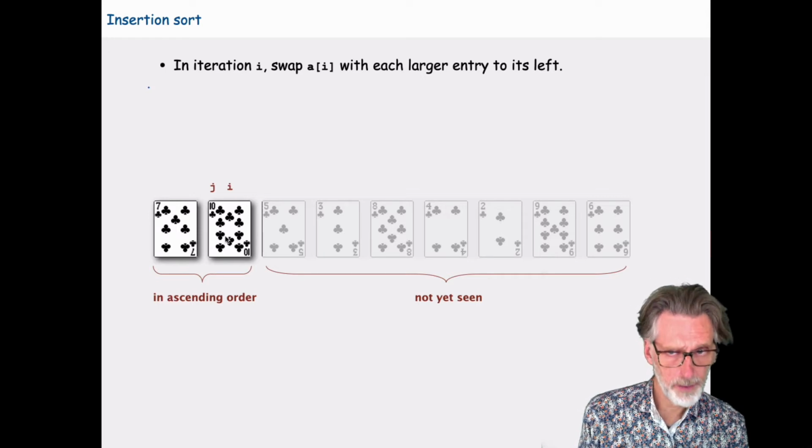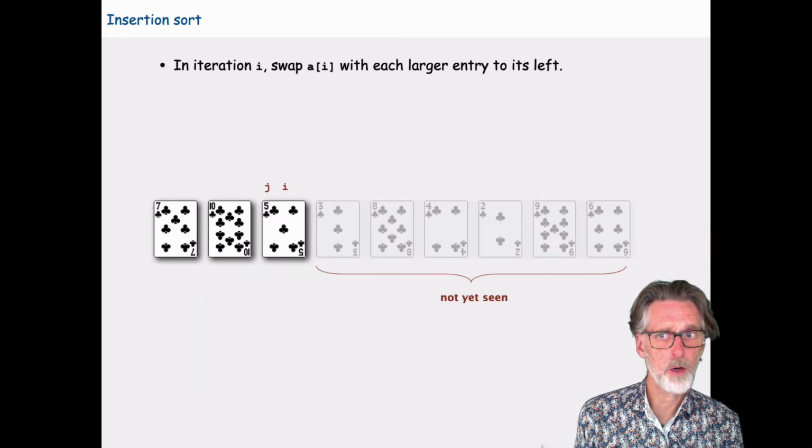I'll just increment my counter I by 1, and I'll look to see if this card is in order. And now you can see this is not in order, and that's the purpose of the second index variable here, j. What j is going to do is go down through these guys in order to determine whether or not the ith card is in order or not.